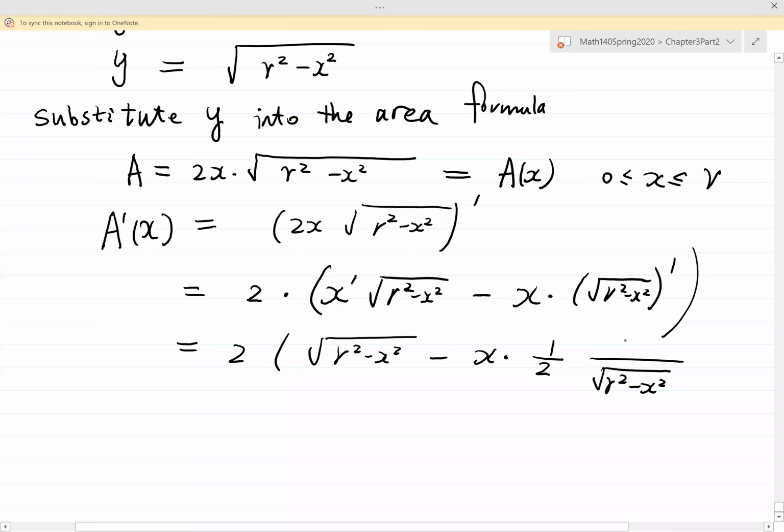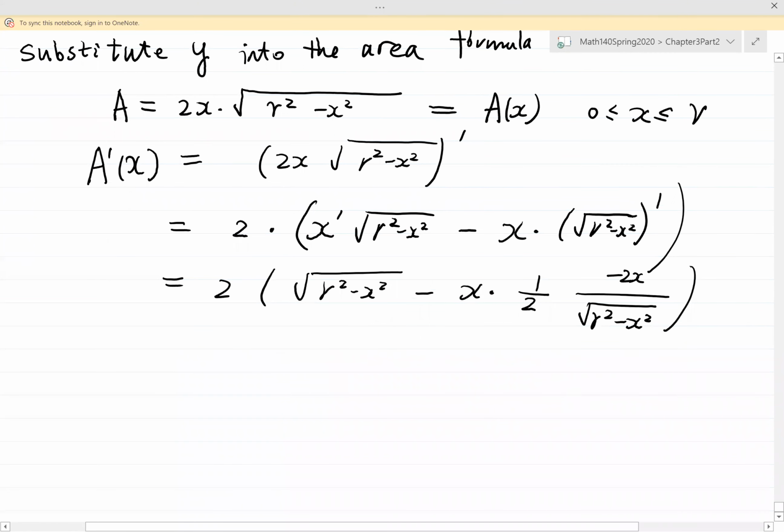The inner derivative is negative 2x. Then we do some algebra: minus minus gives plus x squared. Did I make any mistake? No mistake. Okay.